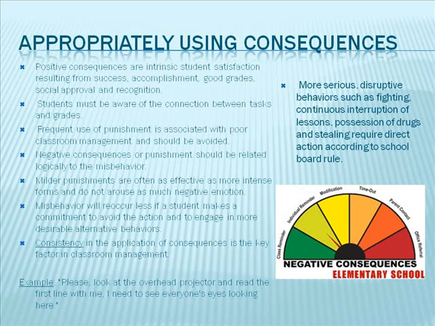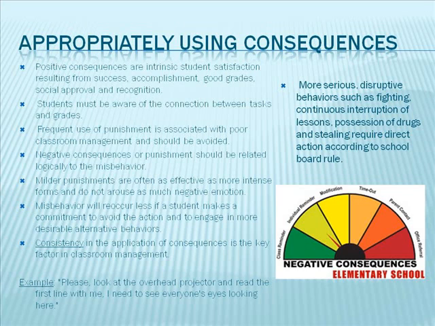This chart on the right-hand side is a negative consequence chart for an elementary school. Having one of these charts in the classroom might be helpful because it reminds students of what the consequences might be if they continue to act inappropriately.